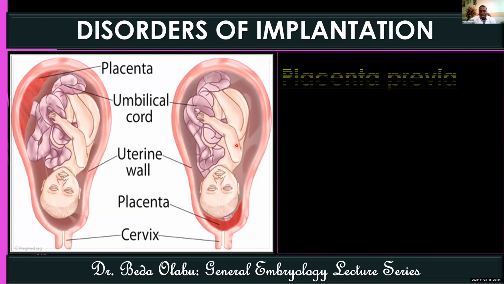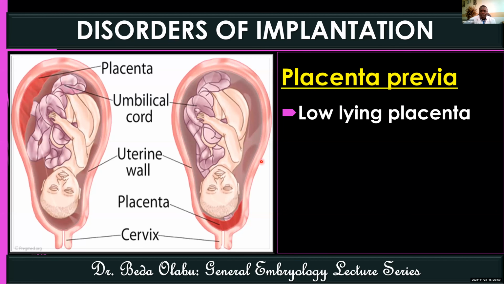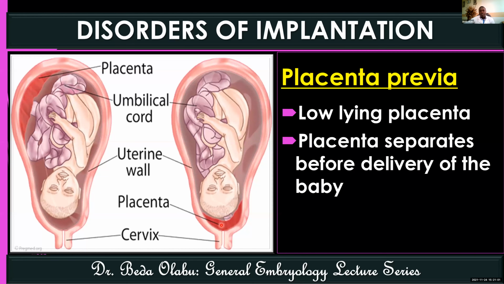Now, the other disorder of implantation is placenta previa. Placenta previa refers to a placenta that has formed in the lower parts of the uterine segment, like in these images you're seeing here. It's a low-lying placenta.